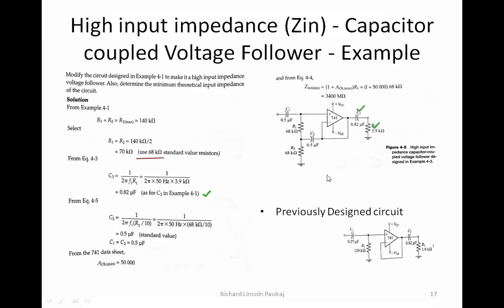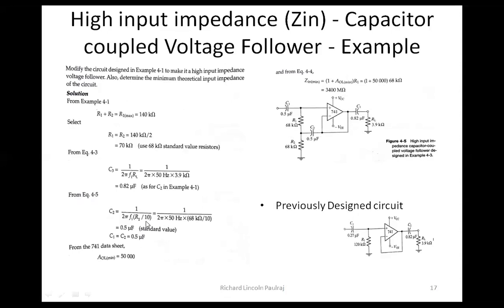RL anyway we had previously, and C1 we have to now recalculate. So C2 is 1 by 2 pi f R2 by 10, and just check if we are getting this 0.5 microfarad. 2 pi, f is 50, and yes, sir, around 4.68.